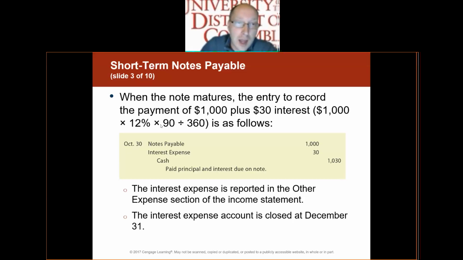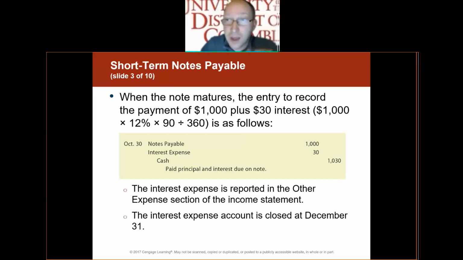So this 90 represents 90 days, okay? 360 represents 360 days in a year. I can already hear you. Dr. B, there's 365 days in a year. I know that. But in a calendar year, there are actually only 360 banking days in a year. Banking days.